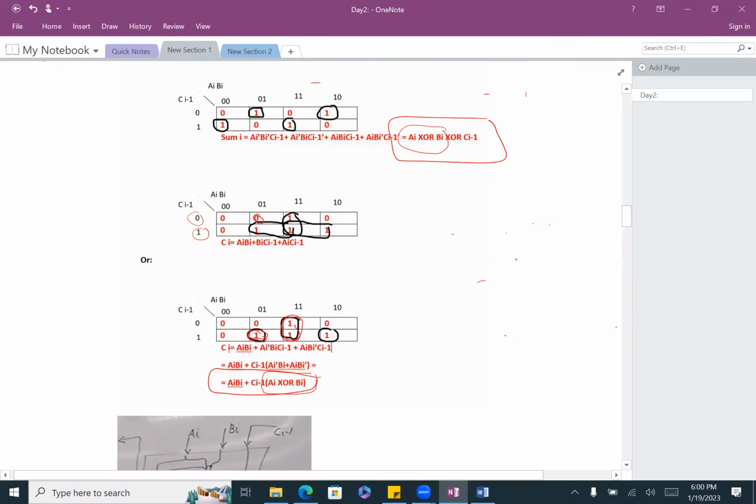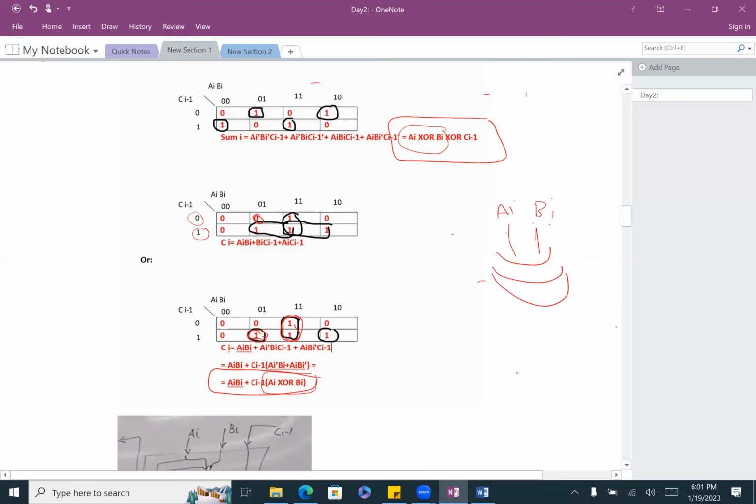So you do an XOR of AI with BI. Then the output goes to another XOR. Usually you draw it like this.